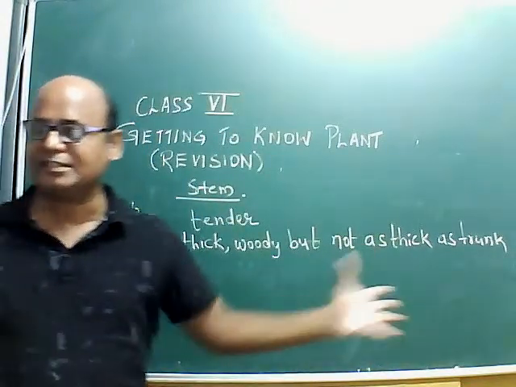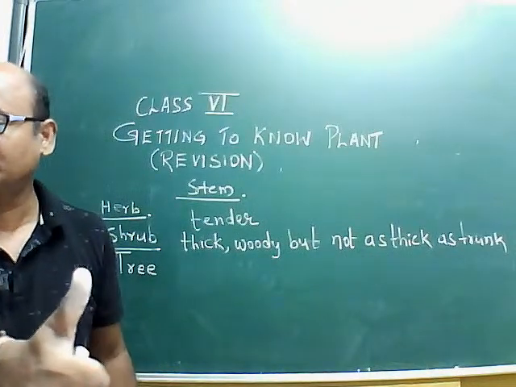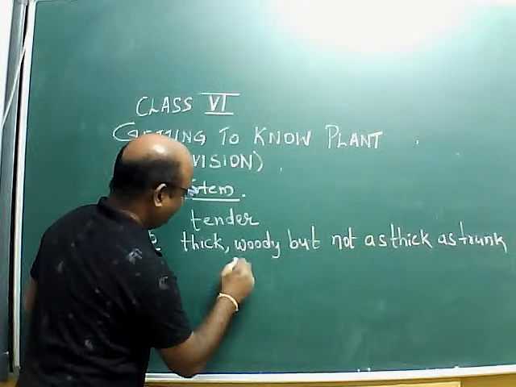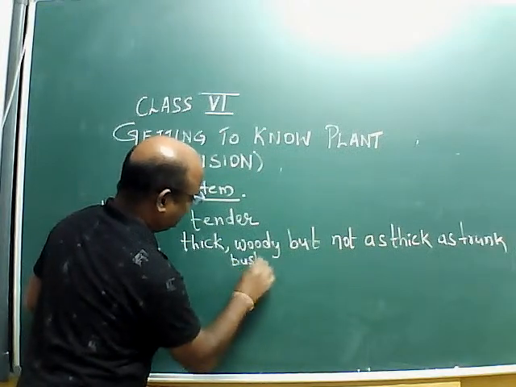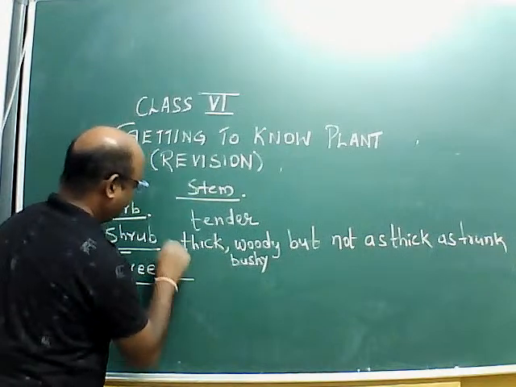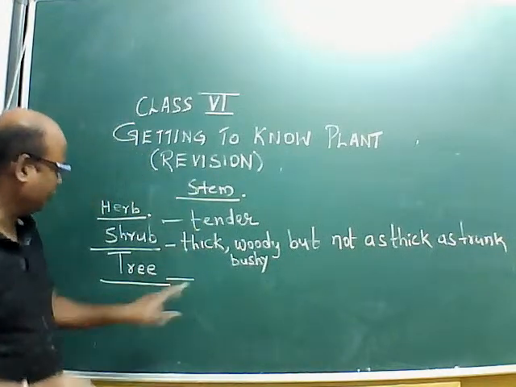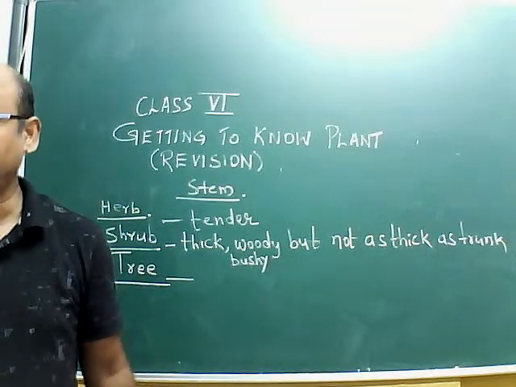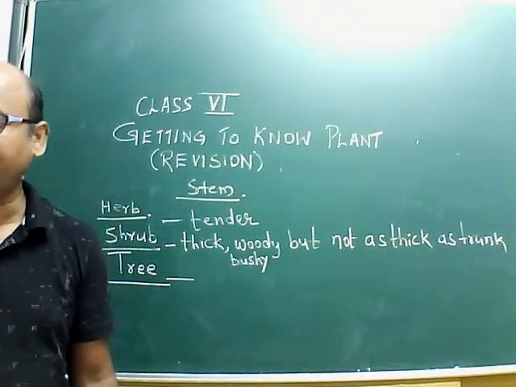Okay. Then one more feature of this stem. How their appearance? Yes. Forward is your correct answer. Bushy. Thick, woody, bushy. Okay. Then for tree, how is the stem of the tree?